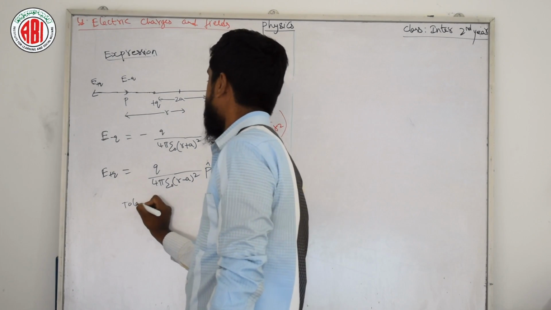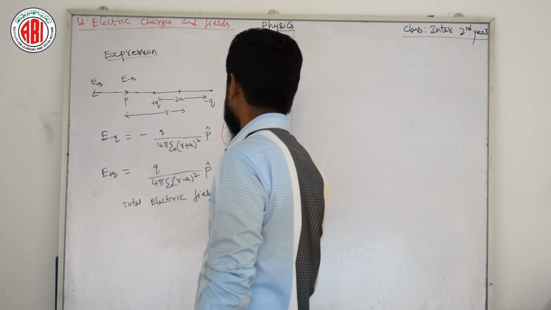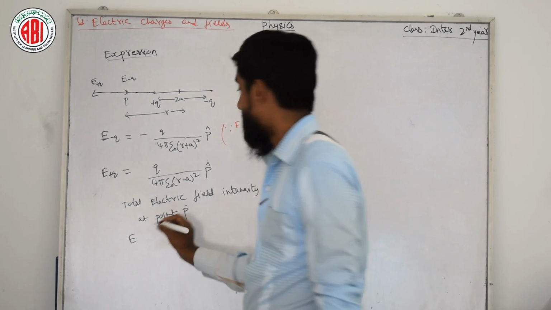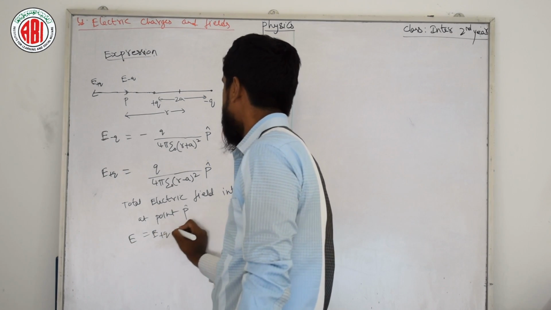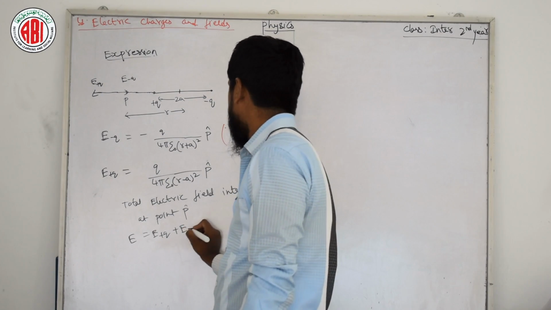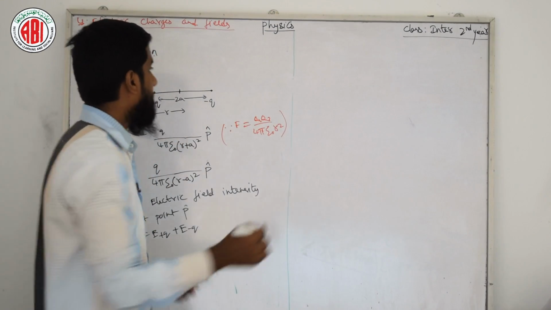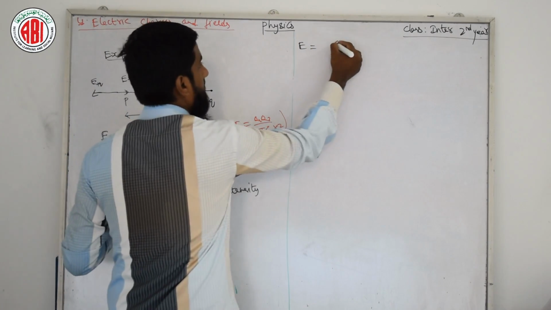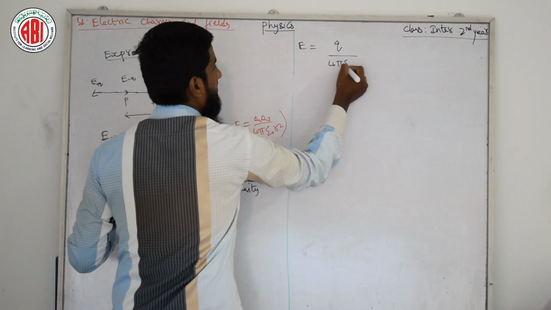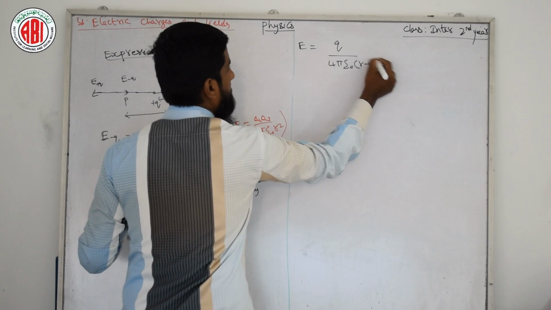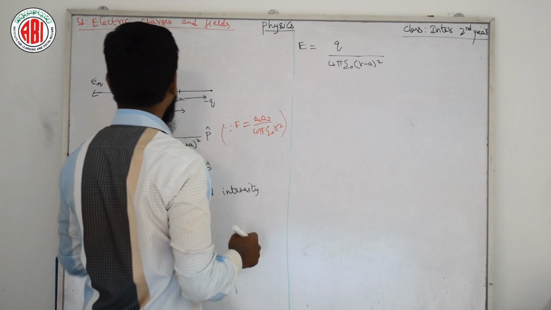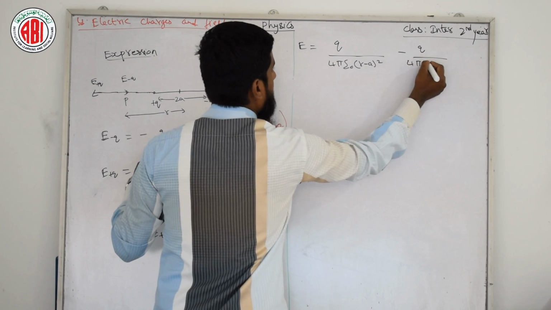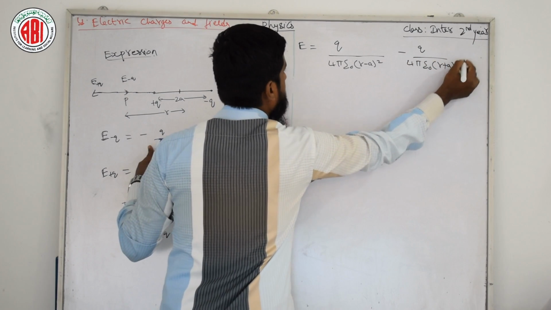Now the total electric field intensity at point P, E resultant, is equal to E plus Q plus E minus Q. So what is E plus Q? We have Q by 4 pi epsilon naught R minus A whole square. Now what is E minus Q? Here minus Q by 4 pi epsilon naught R plus A whole square, P cap.